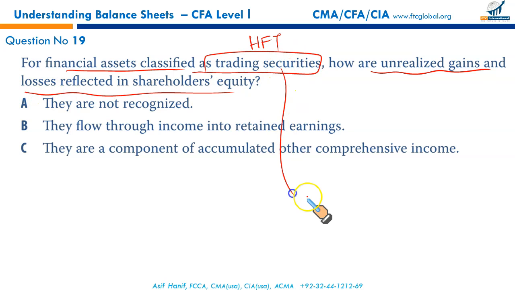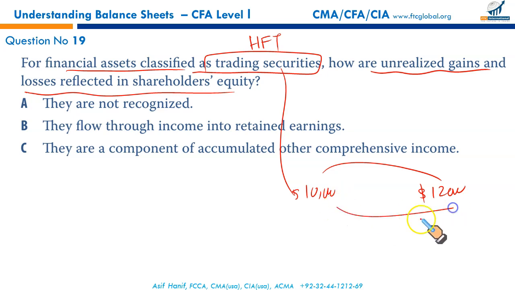You purchase certain securities and designate them on the date of purchase as a trading security for $10,000, and at the balance sheet date, they could either go up or down. Let's say they have a fair value of $12,000 at the balance sheet date. Now, this increase is unrealized, of course, because we haven't yet sold. This increase in value is an unrealized gain.